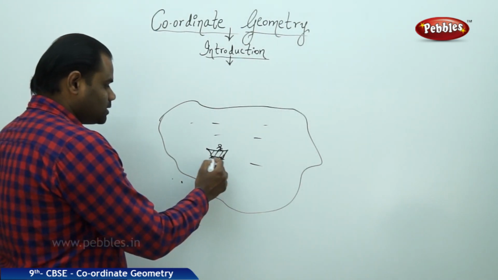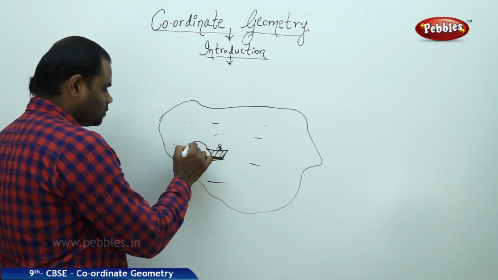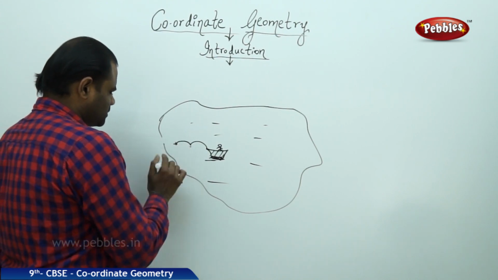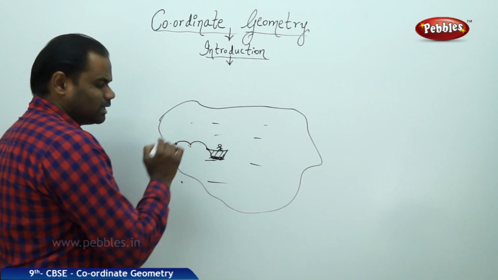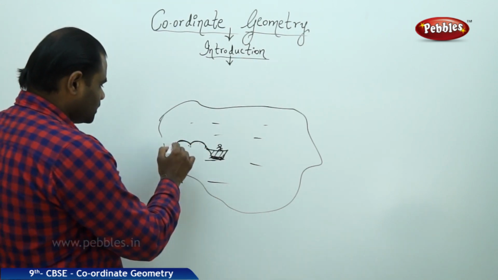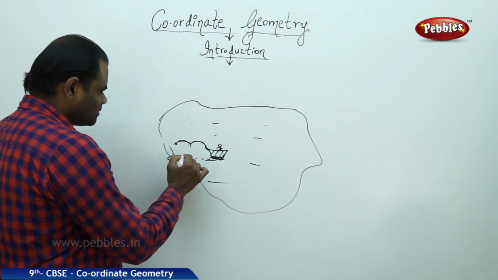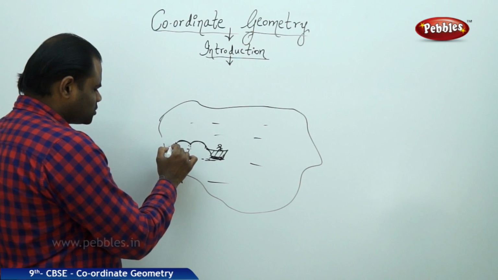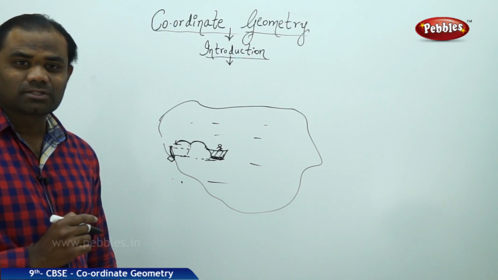The ship out here in the sea is assumed to be at 2 units, 1, 2, and 3 units. A person standing here would like to see the distance moving 2 units towards this side, and then exactly when the ship moves to this place, from here the ship needs to move 1 unit down, is how we understand the distance being measured.